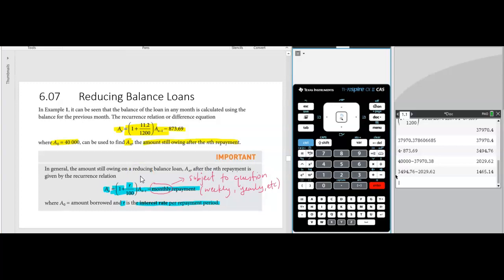Now, do take note that if your repayment has been changed to weekly or even fortnightly, your interest rate has to be changed according to the period. Okay, and this is the general form for the reducing balance loan here. And do take note, A0 is basically the amount that you borrow.